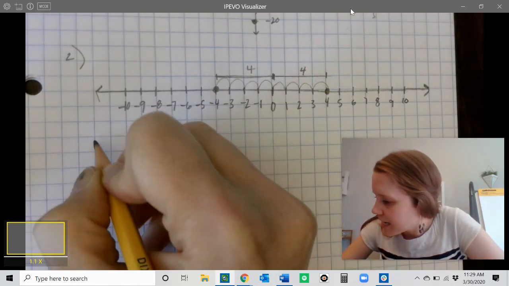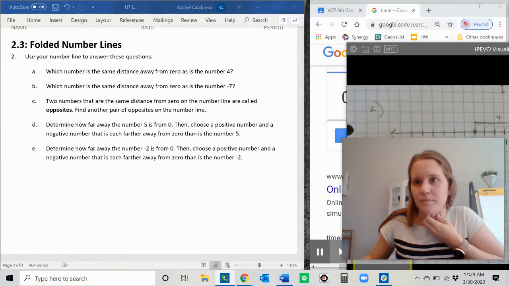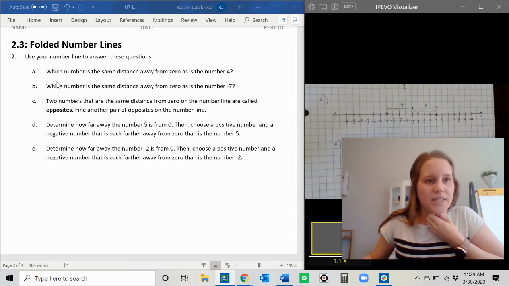So let's go ahead and write an answer for A. The question said, which number is the same distance away from 0 as is the number 4?